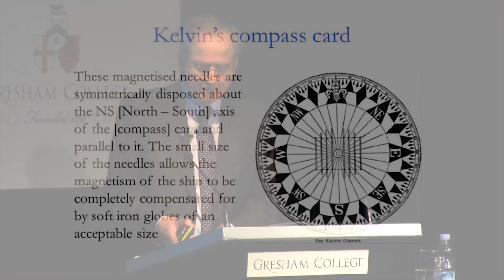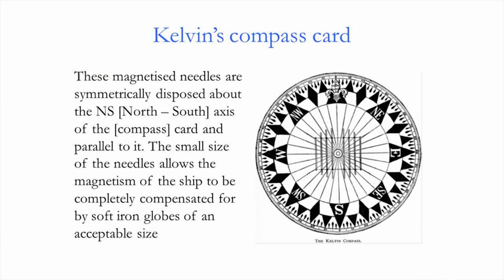You're able to find out what the coefficients are, and then the last thing was to do the compensation for it, and he achieved the compensation by putting in magnets here, symmetrically placed. This is made of card in order that it should rotate very, very freely, and the strength and the positioning of the magnets are in order to give you the compensation that will negate that error term.